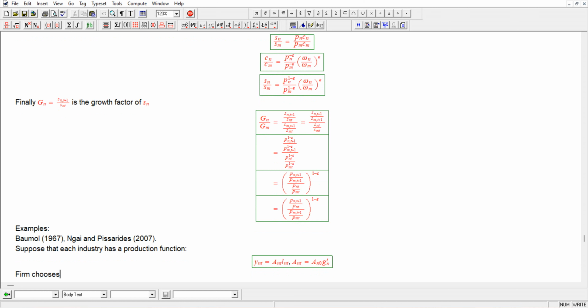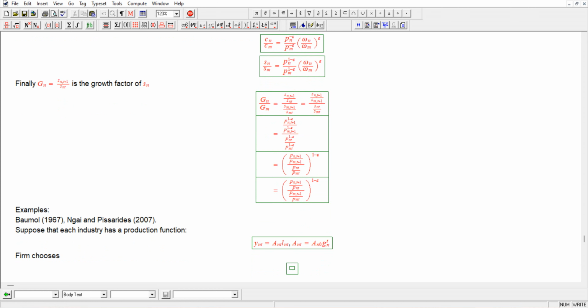So suppose you're a firm that is producing good N. So you maximize your profits, which is revenue or price times output, subject to whatever the wage is, and your choice is L sub nt.